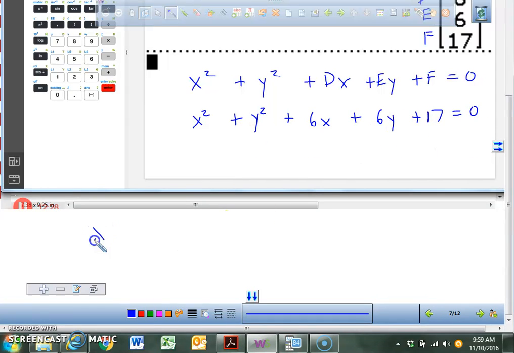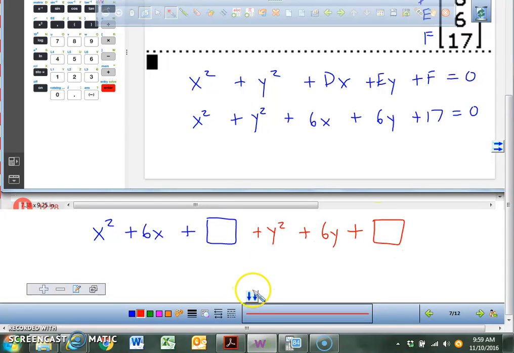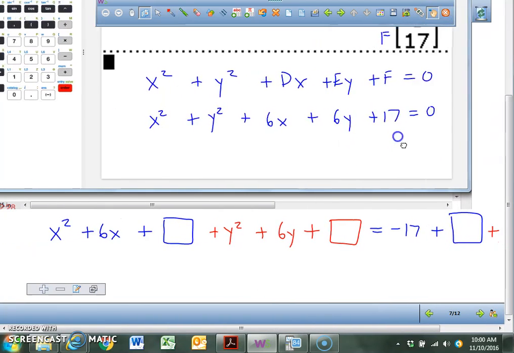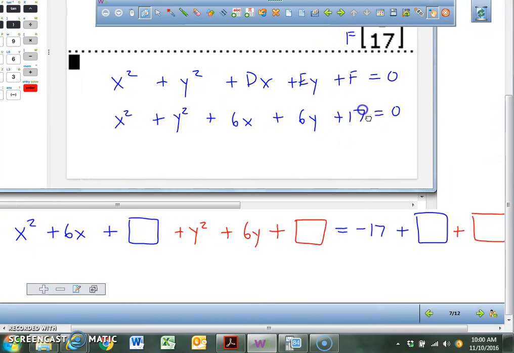So we have x squared plus 6x with an empty box, and we're going to complete the square. I'm going to put y squared plus 6y, with another empty box. I'm going to move the 17 across to the other side of the equal sign, make it a -17, and put a couple of open boxes so that when we complete the square, we have somewhere to put it.